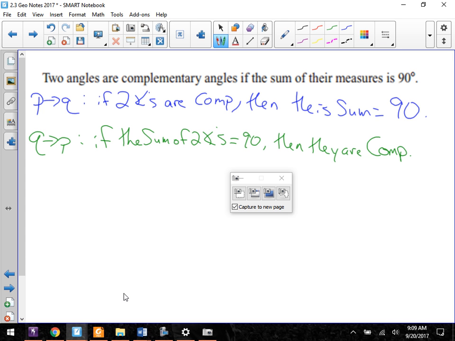So the if-and-only-if version would be: two angles are complementary if and only if their sum is 90. See how that works?